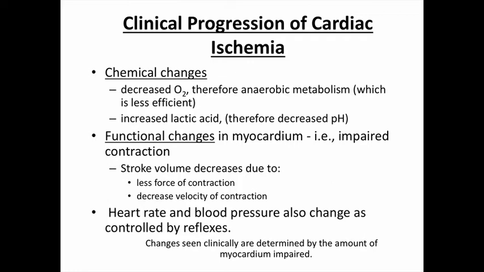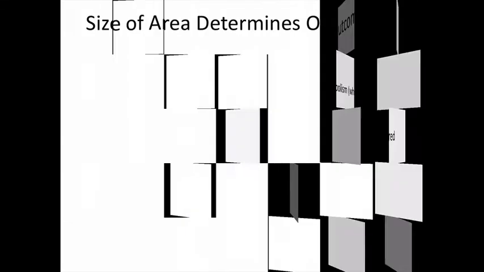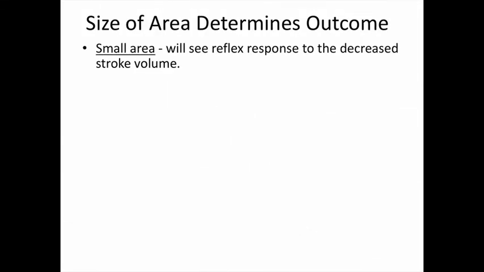So how well you are able to respond to these functional changes and the effects of these reflexes are going to be determined most significantly by the actual amount of myocardium that's impaired. So the size of the area of ischemia will determine the outcome.